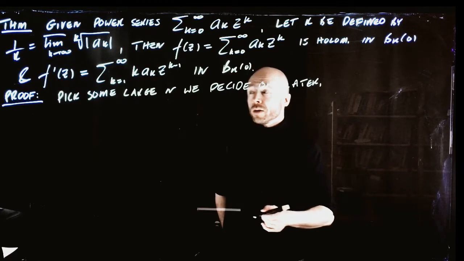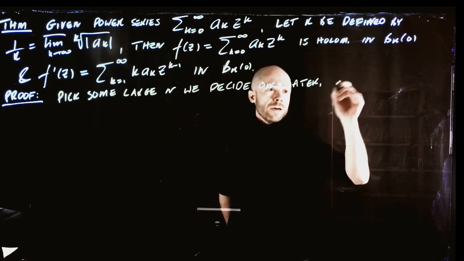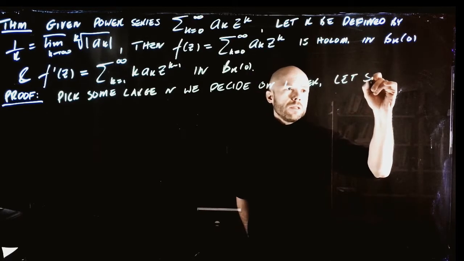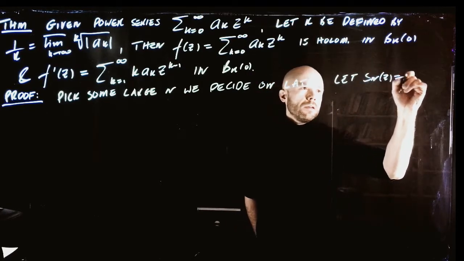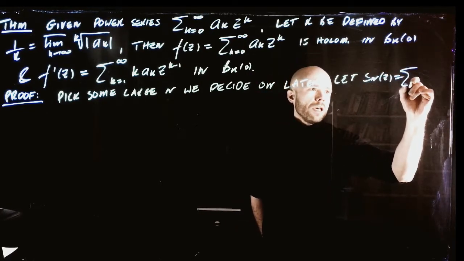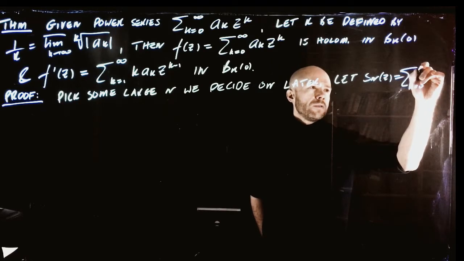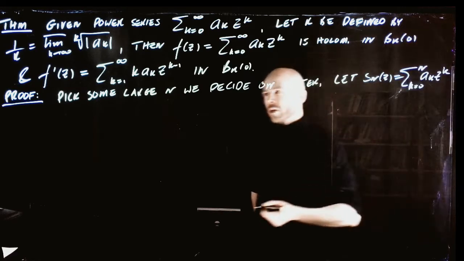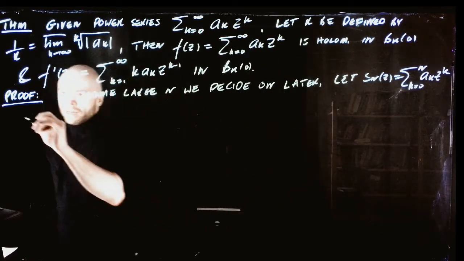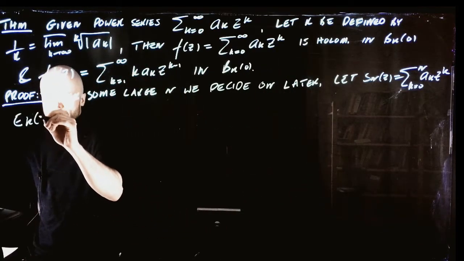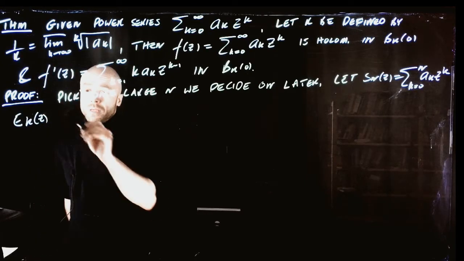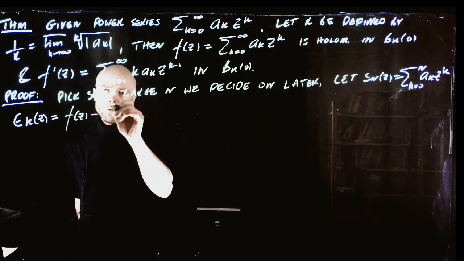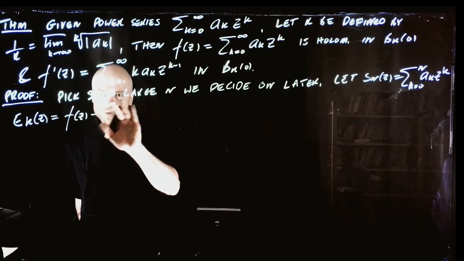We're going to take the partial sum S_n of z to be the sum from k equals 0 up to n of a_k z to the k, so that's just the polynomial, and we're going to let e_n of z be what is left from the partial sum, so that's the remainder terms.